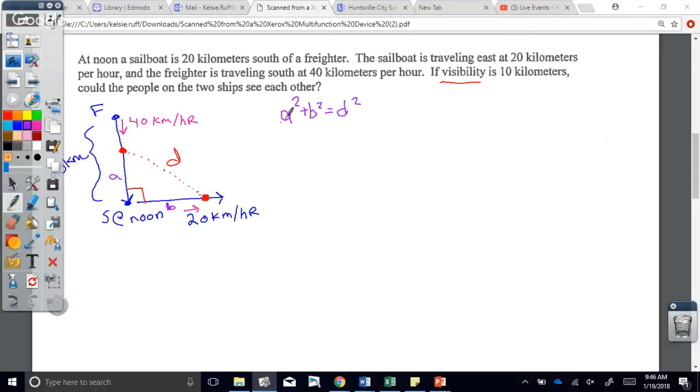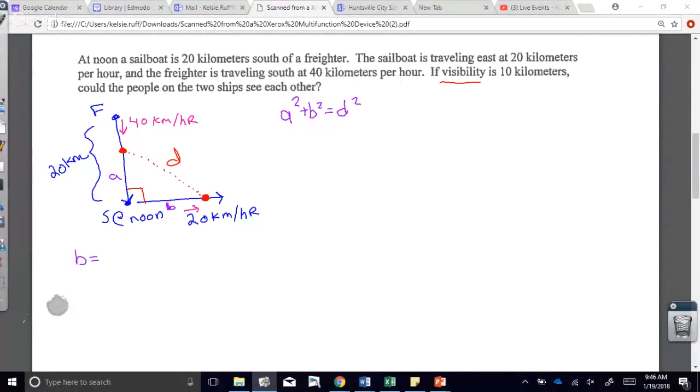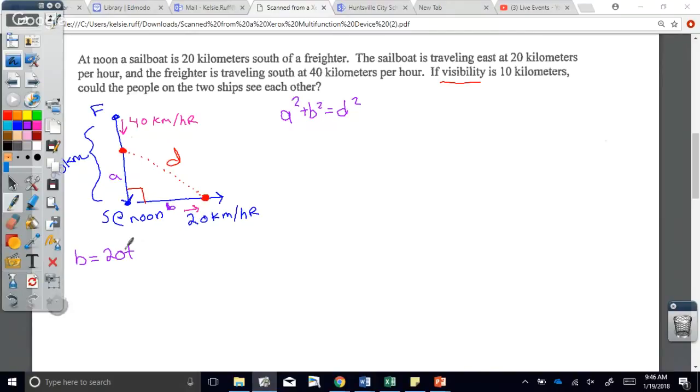So we're going to try to get A and B all in terms of time. So for starters, B from the sailboat's origin point, I guess, would be 0. If it's traveling 20 kilometers per hour, where time is in hours, it'd be 20t.